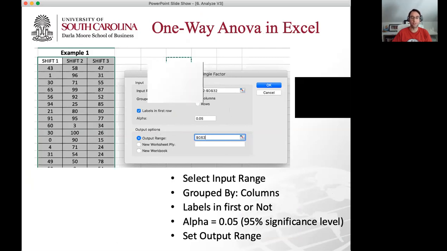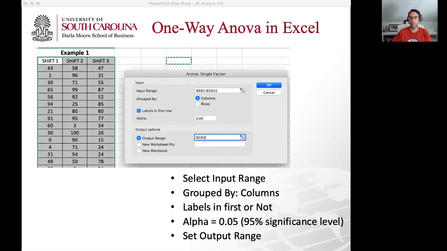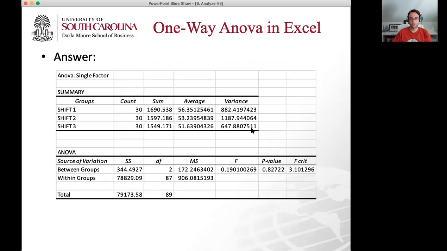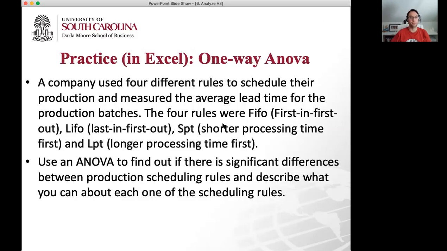So let's see if I have the example in Minitab for the one-way ANOVA. Okay, take a look at the input range. If you select the columns, you click here where you want the output, choose the alpha that you're going to use, and this is the answer that it gives you. Pretty simple, pretty basic, and it gives you the answer, not a lot of things to change.